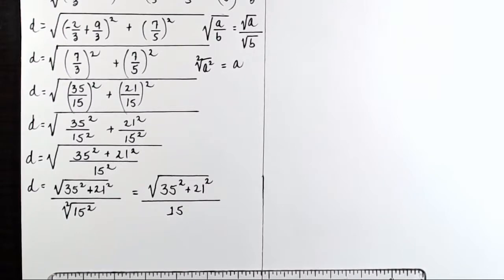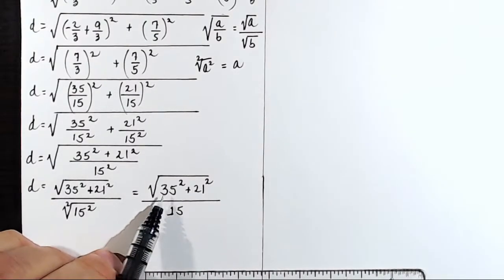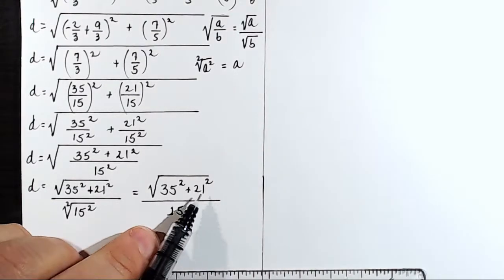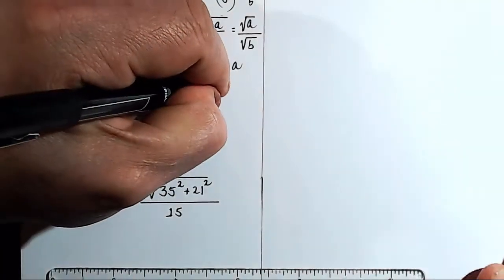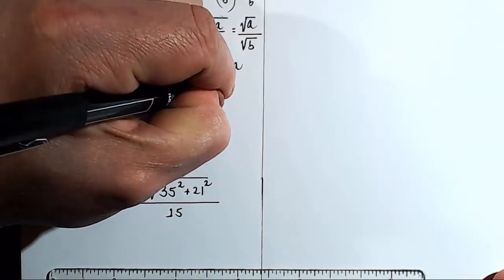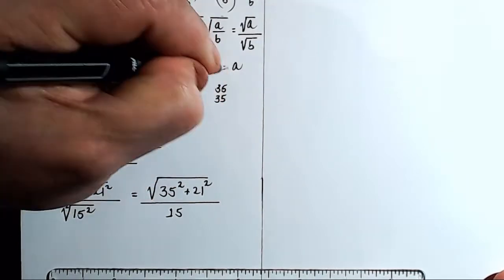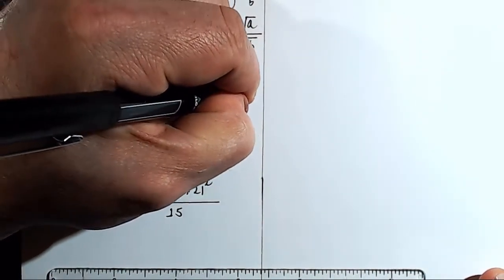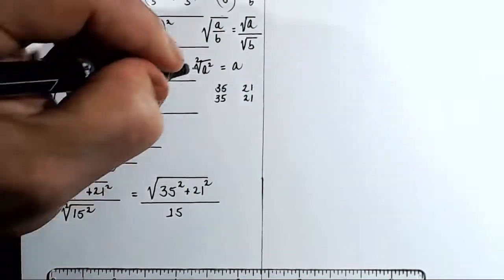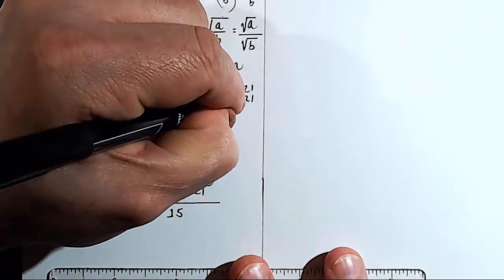Okay, so now what do we do? Well, now we actually need to square 35 and square 21 and add them together. So 35 times 35, and then 21 times 21. Okay, so two little math problems we need to do.